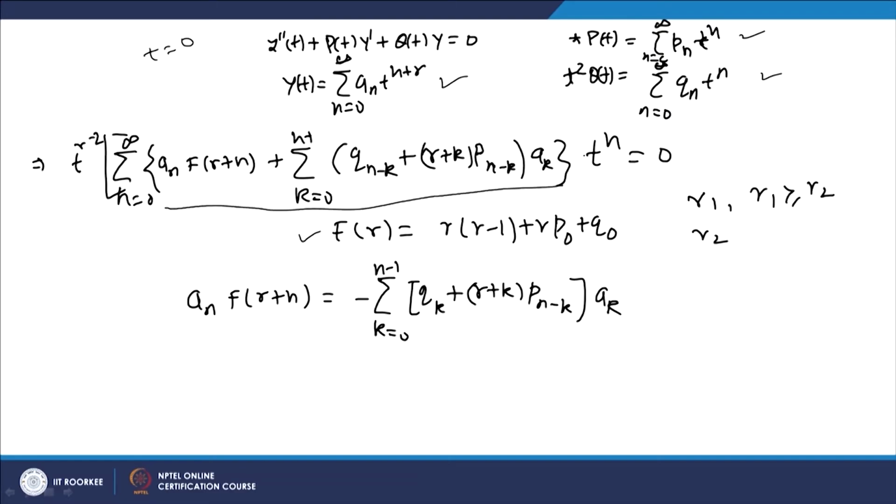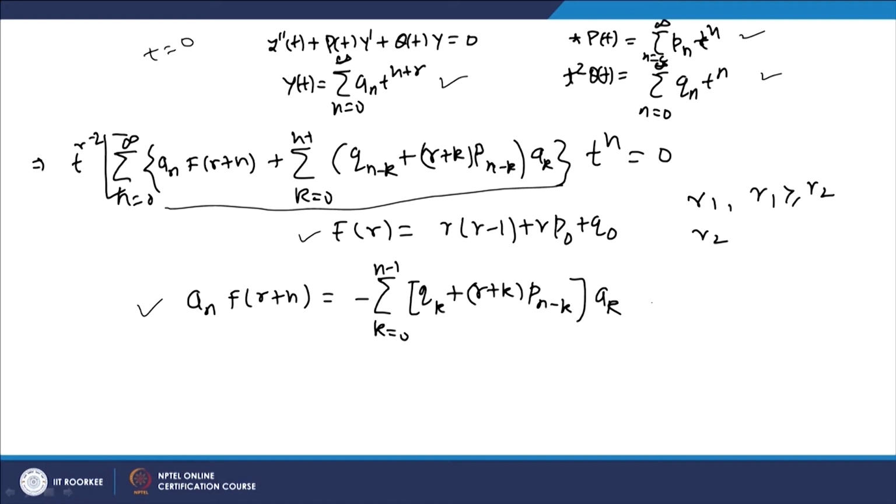Equating the coefficient of t to the power n to 0, we have the expression a n f of r plus n equal to minus summation k equal to 0 to n minus 1 of q n minus k plus r plus k p n minus k into a k. Using this formula we can find the coefficient a n depending on r and the previous coefficients a naught to a n minus 1.